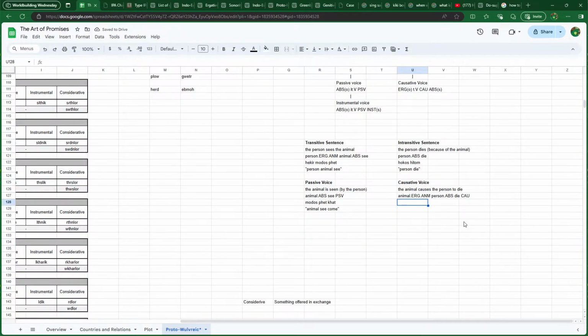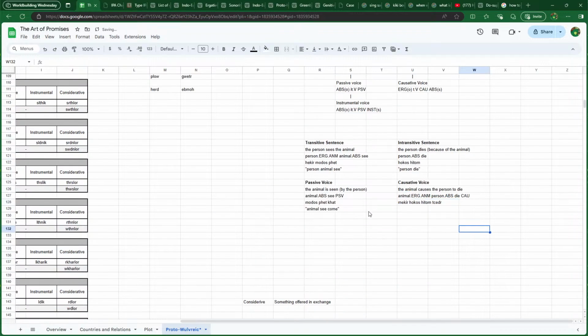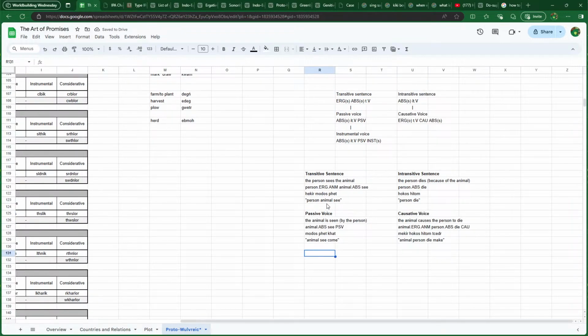So now, this is Mekir, Hokos, Hitom, and Cheder. Or literally animal, person, die, make. You can see how these two sort of turn into another.